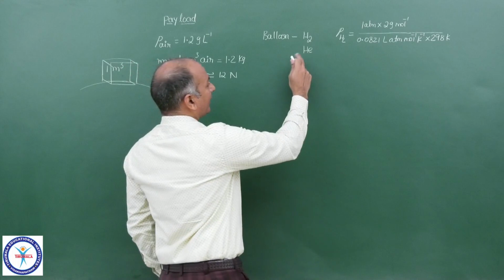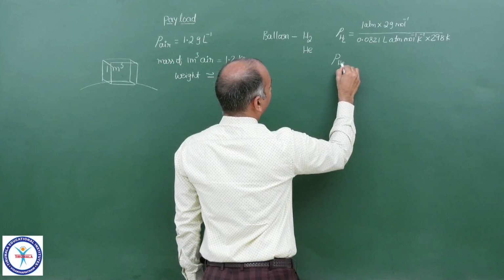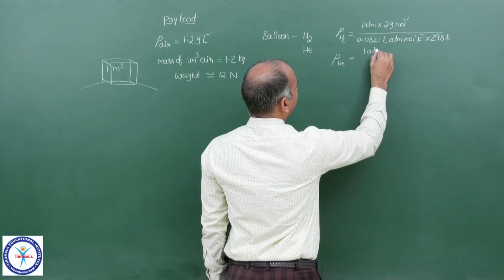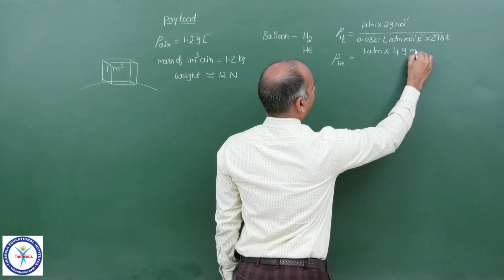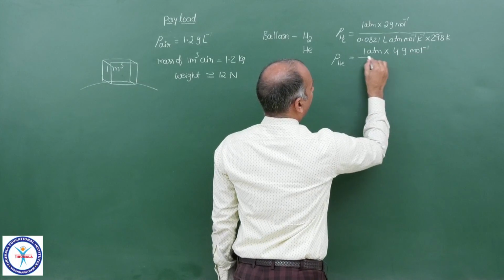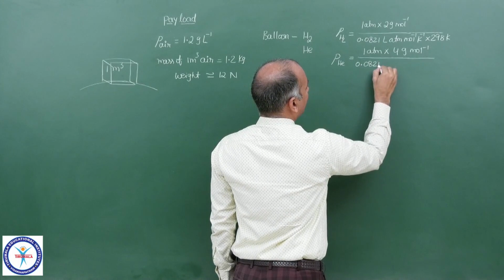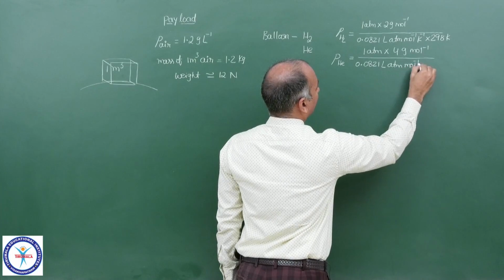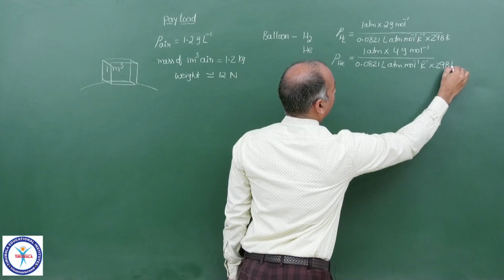Okay. Now we can fill the balloon even with helium. In that case the density of helium comes out with the same 1 atm, molar mass of helium is 4 gram per mole, upon the same R value 0.0821 liter atm per mole per Kelvin into 298 Kelvin.